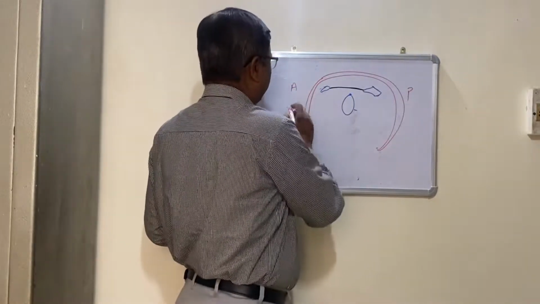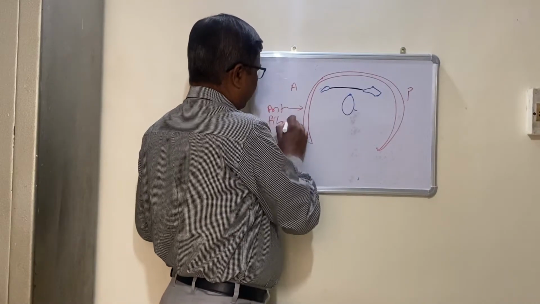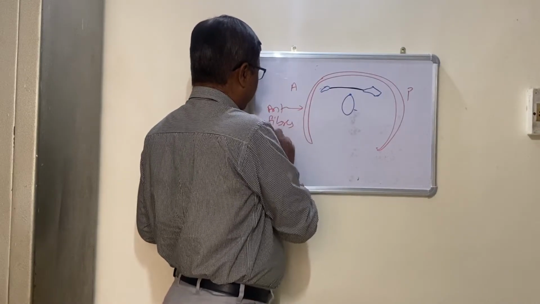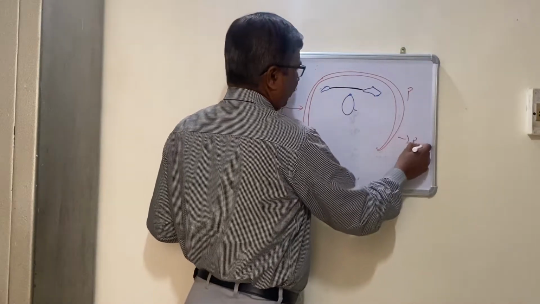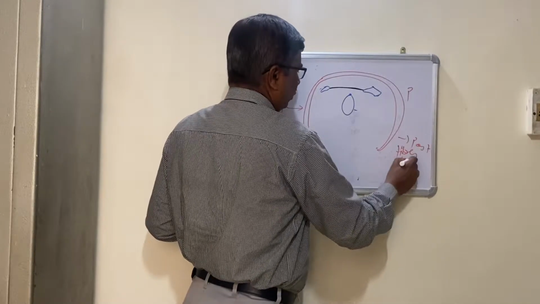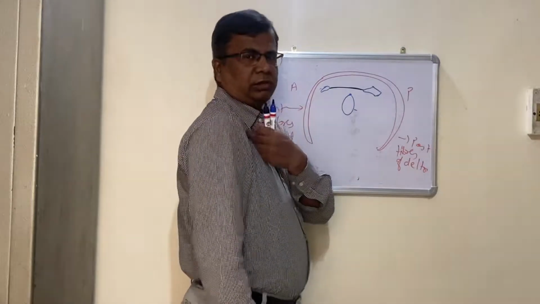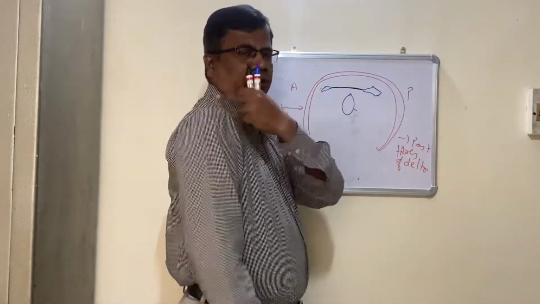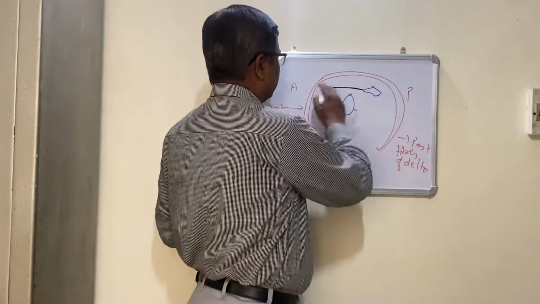So this is going to be anterior fibers of deltoid, okay, and these are the posterior fibers of deltoid, and deltoid is going to cover the joint from all the sides. So here you will have the anterior fibers, the posterior fibers, and then superiorly also this will be deltoid. Okay, so this is one thing.